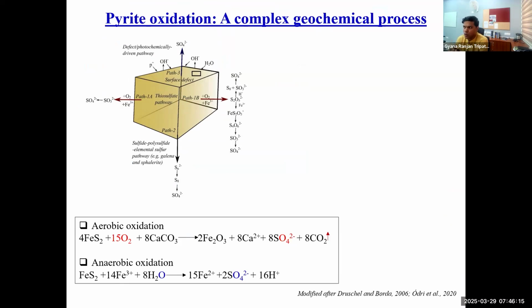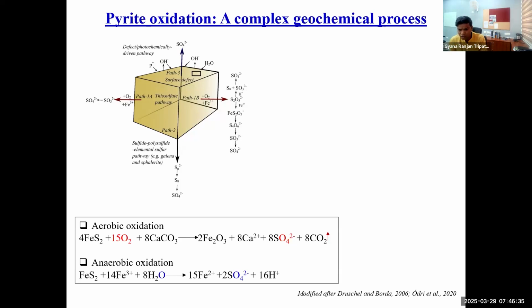And once the calcium carbonate present on land interacts with the sulfuric acid, it will liberate CO2, and this CO2 supply has to be quantified and included in models to understand what really controls the ocean chemistry.